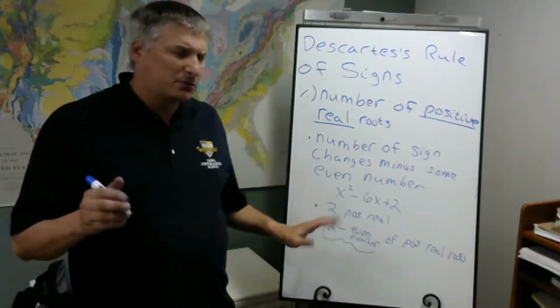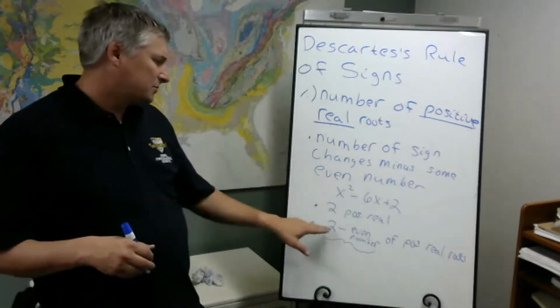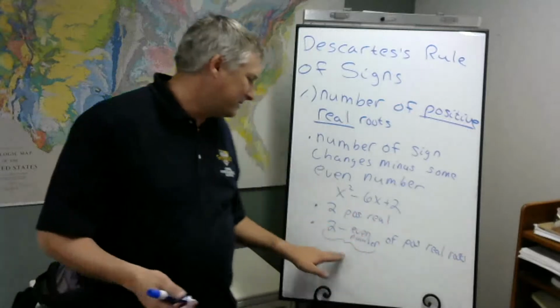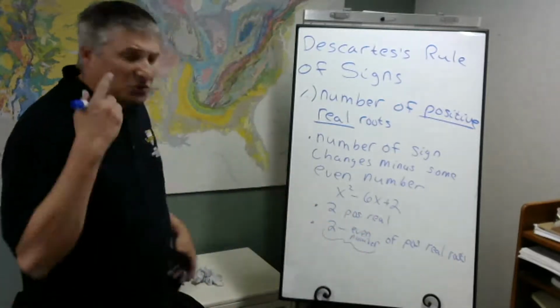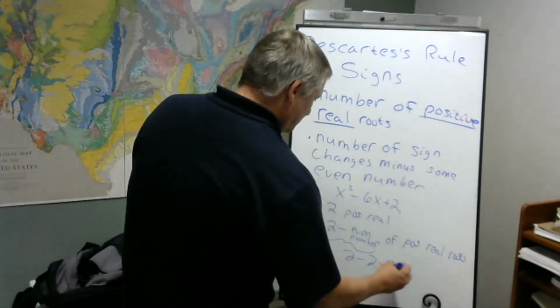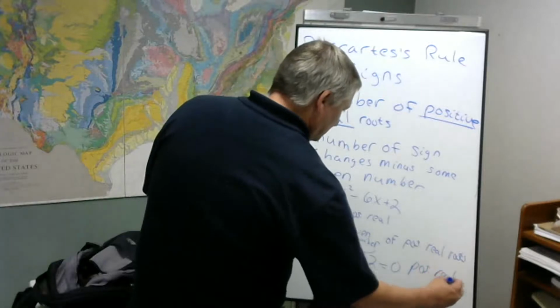So the number of real roots could be 2, which we found out from that first rule, or it's 2 minus some even number. What even number can we subtract without getting some negative result? Well, that's 2. So we could have 2 minus 2 is 0 positive real roots.